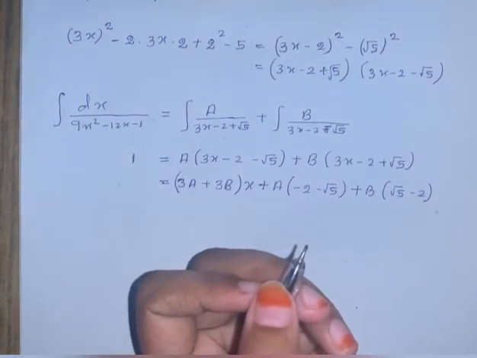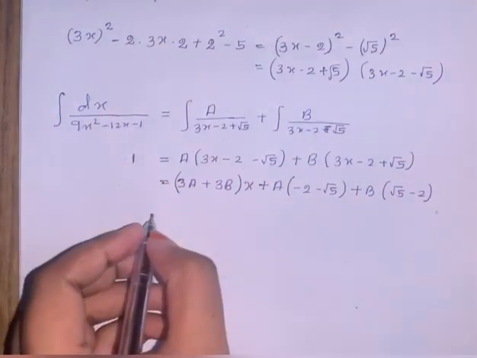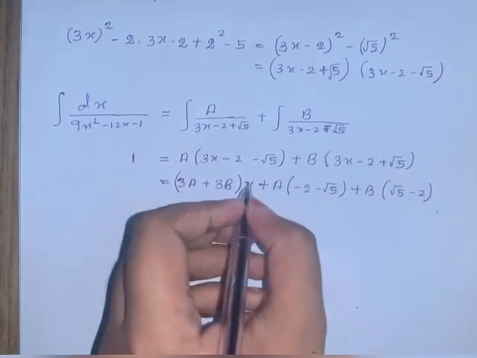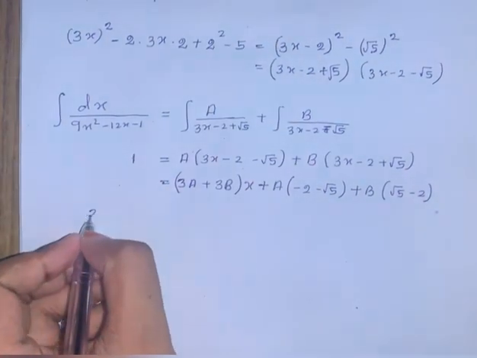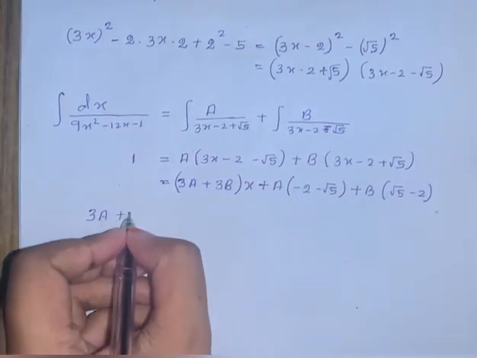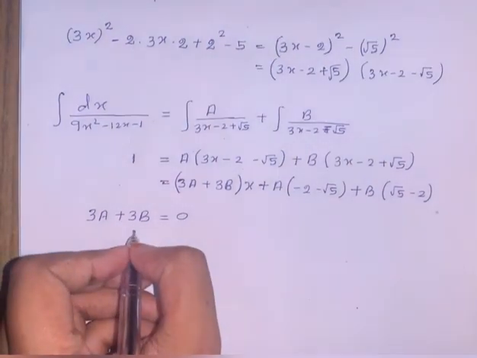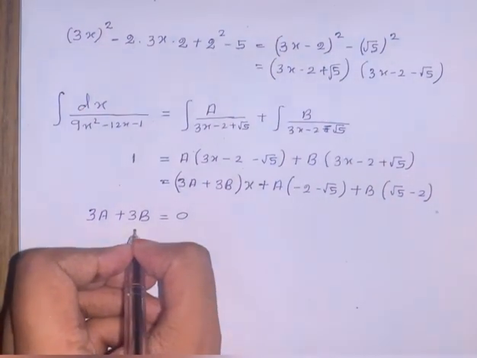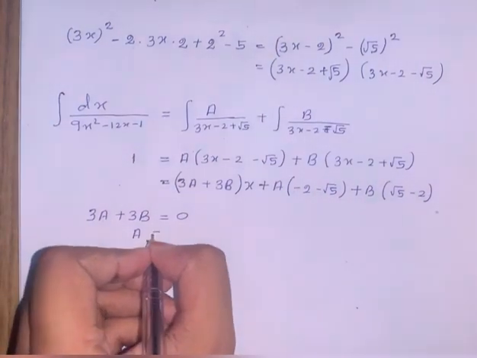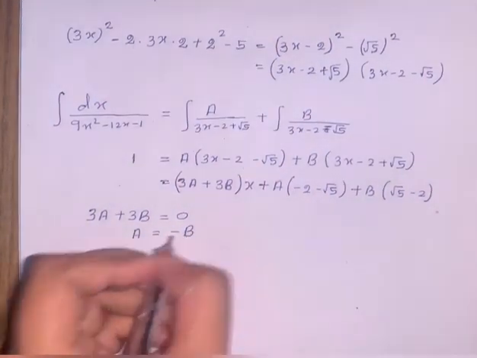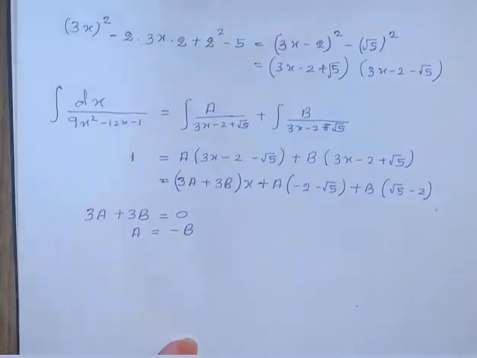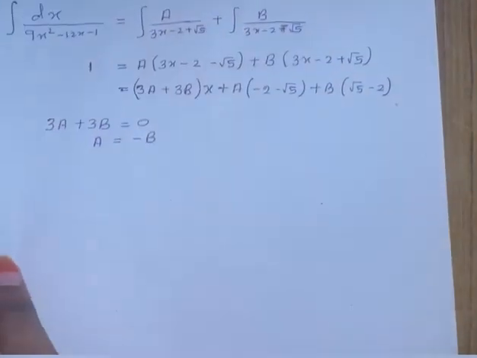So see, there is no x component here, so we can write 3a plus 3b is equal to 0. So from this we can write a is equal to minus b. Yes, this is our first solution. So let's get in the second one.